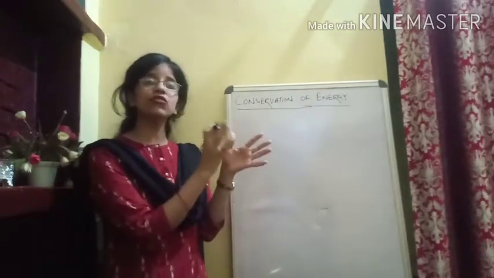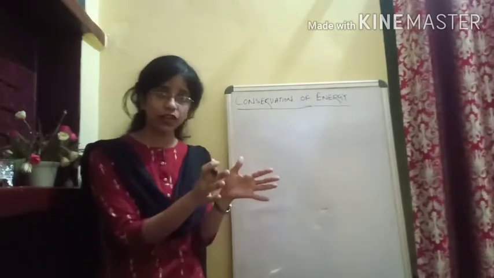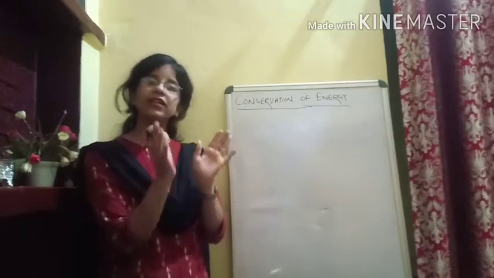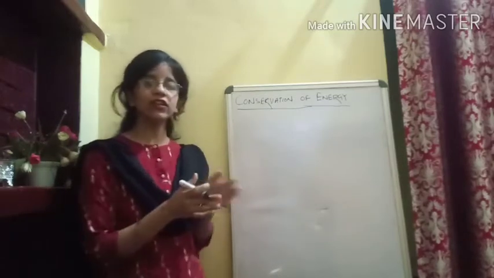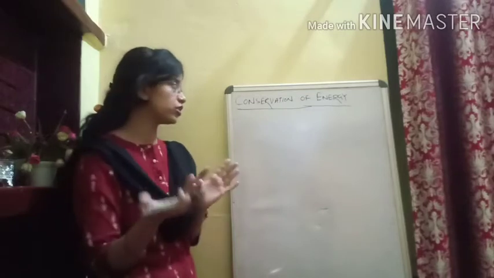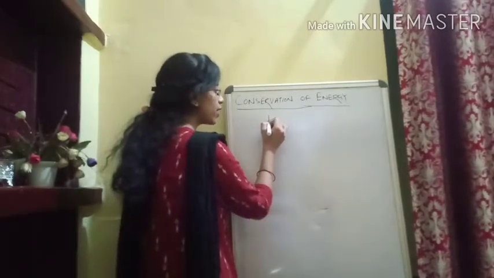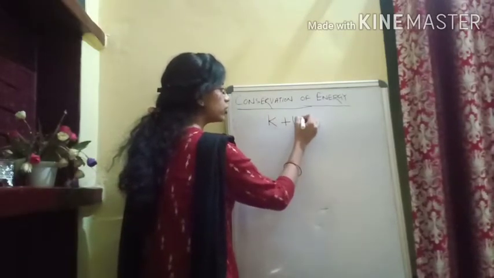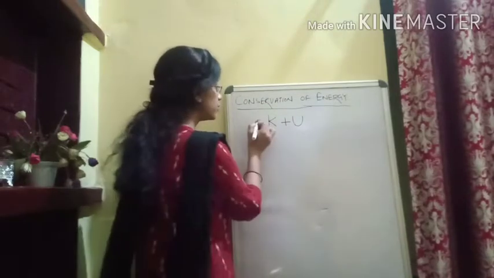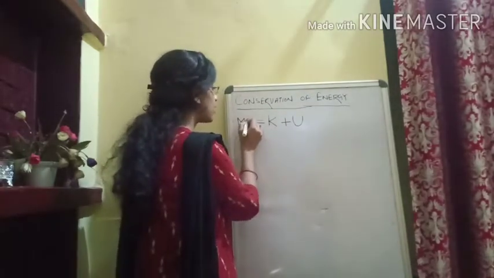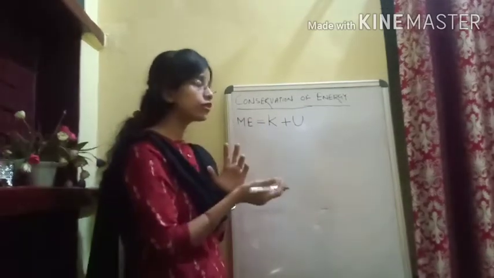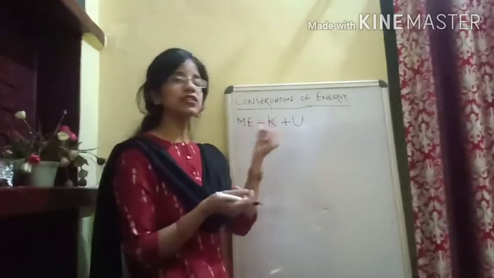That means energy is going to be conserved. We cannot destroy, we cannot create, but we can conserve energy. And specifically we are going to talk about mechanical energy. We know that the sum of kinetic energy plus potential energy is known as the mechanical energy. And how are we going to see that the mechanical energy is conserved?